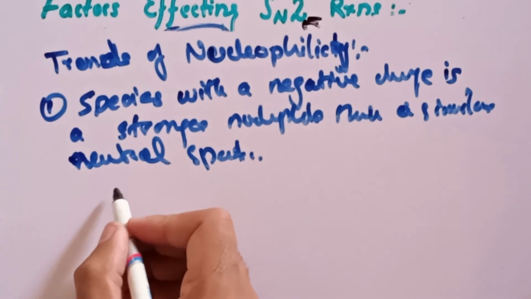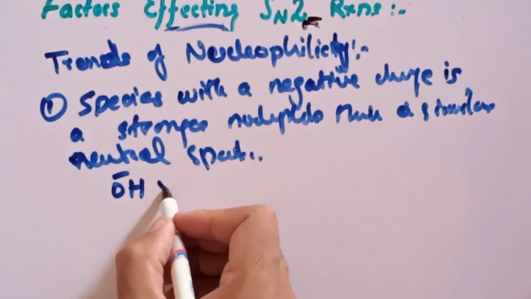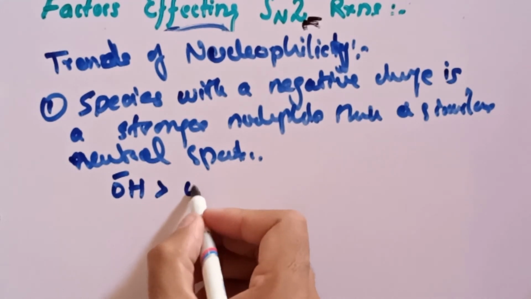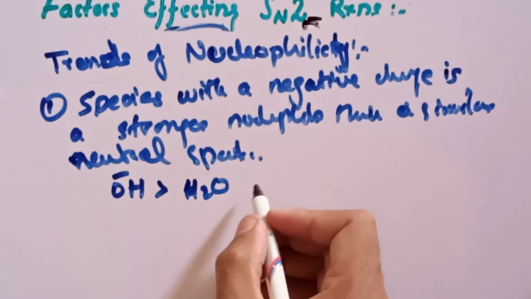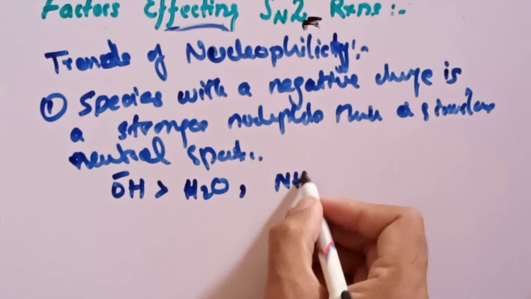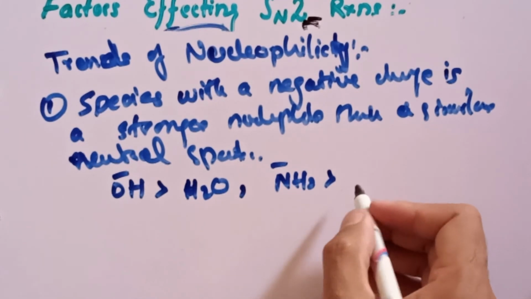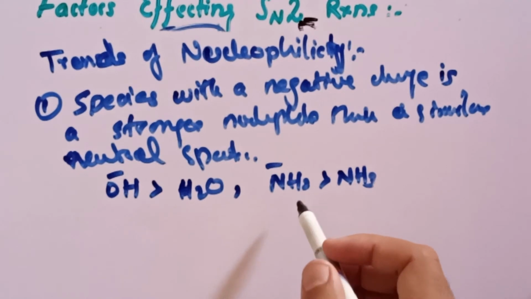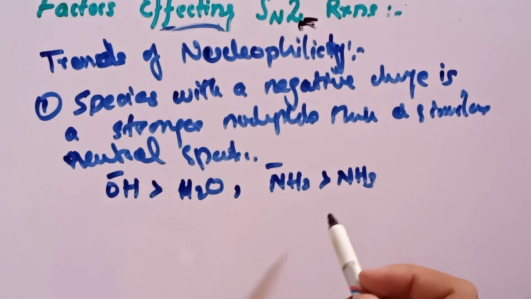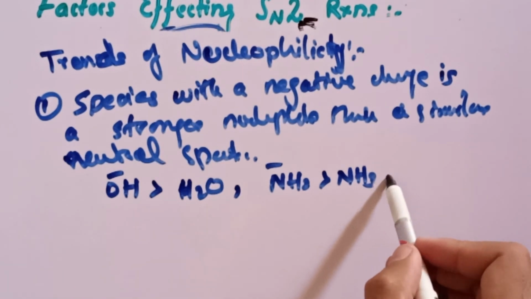Like in the case of OH negative, it will act as a stronger nucleophile than H2O. In the case of NH2 negative, it will be a stronger nucleophile than NH3, because NH3 is a neutral species.